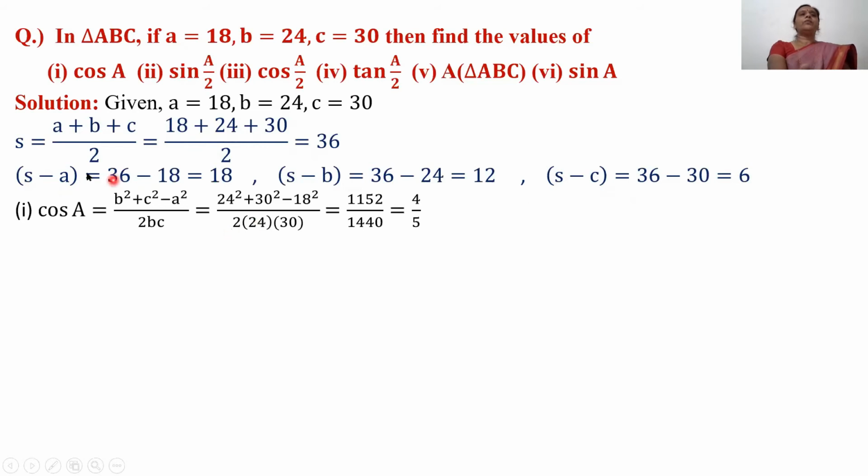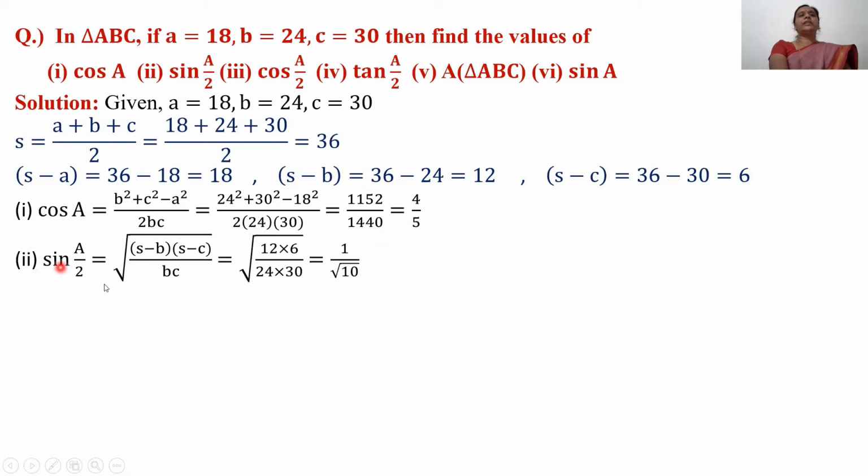Now we will first find the value of cos A. According to the cosine rule, we know that cos A is equal to (B square plus C square minus A square) divided by 2BC. Here we will keep the values of A, B, C. This will be equal to (24 square plus 30 square minus 18 square) divided by (2 into 24 into 30). After simplification, this will be 1152 divided by 1440, and after simplification, this will be 4 by 5.